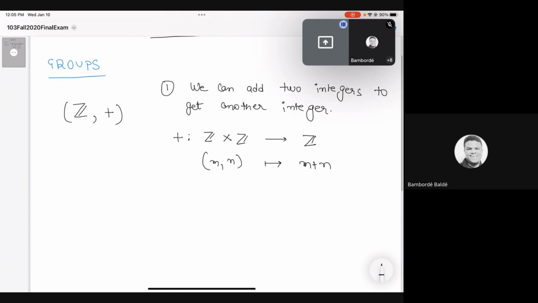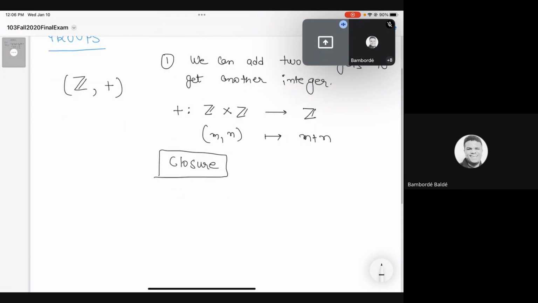This property is what we will call closure. That means the operation is well defined. Within your set, you take two numbers and you get another number that is a member of your set. So I'm not going outside the integers.